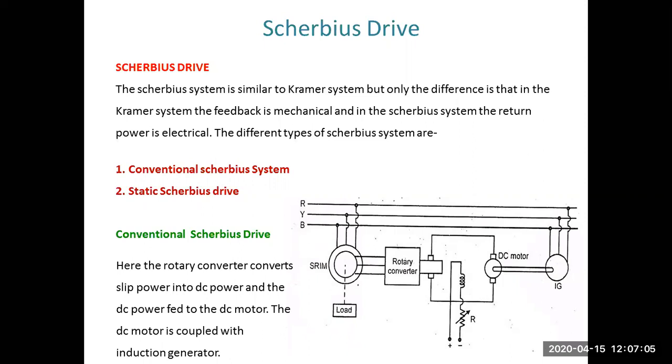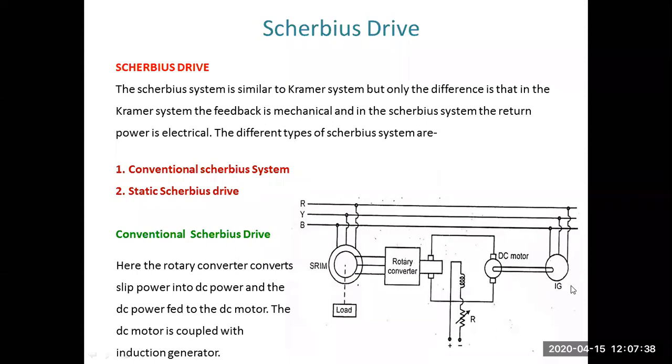One is to convert it into electrical power and then feed it to the main supply system, and the second is to convert this slip power into the form of DC, and then supply this DC power to a DC motor, which will further support your activity. In the conventional Scherbius system, we are converting first into DC power, and then after the rotary converter, the DC power is fed back to the DC armature of a DC motor, and this DC motor is further coupled to an induction generator.